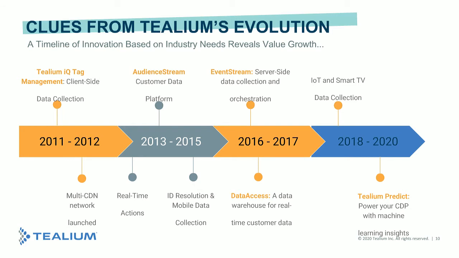But you can see how we started with that event level data, just picking it up from all the different places it was. We started with the web because that was the major source of customer data back in the early 2000s. And then as we grew, we added more and more data types and ways of unifying the data and working with the data for the purposes of activating it, because that's what we're talking about here.